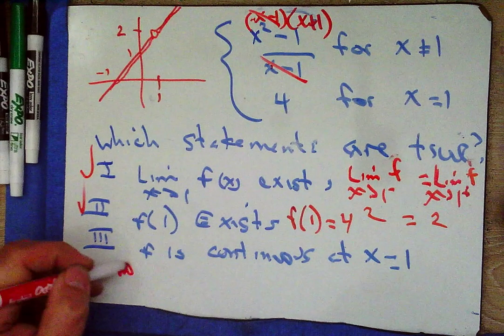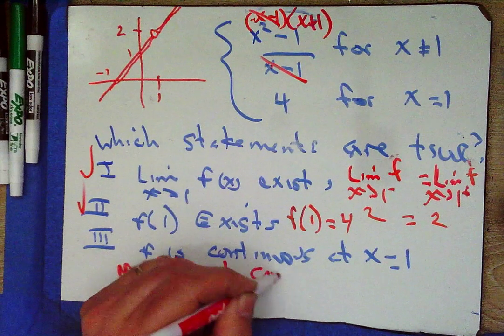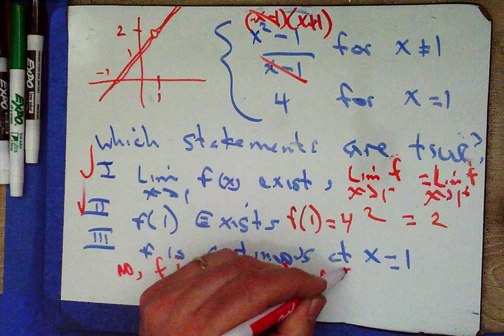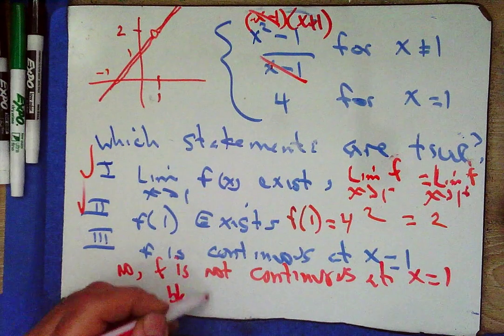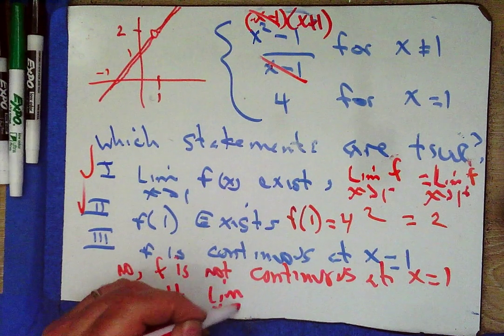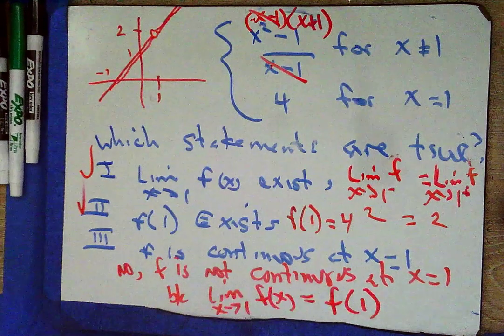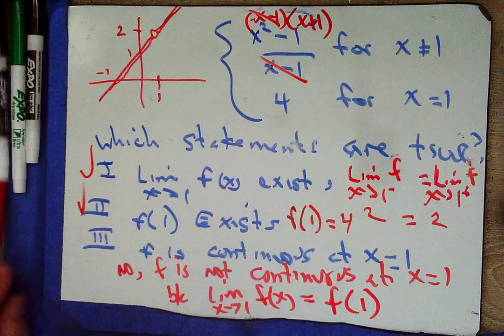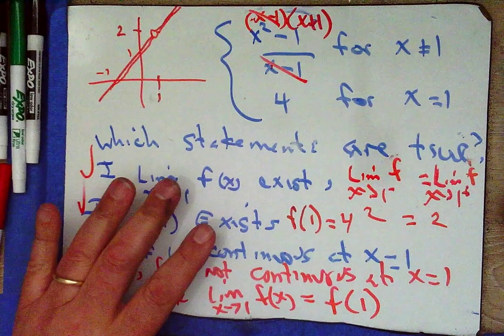We say, no, f is not continuous at x equals 1 because the limit as x approaches 1 of f of x does not equal f of 1. We need to be able to think about stuff like this.